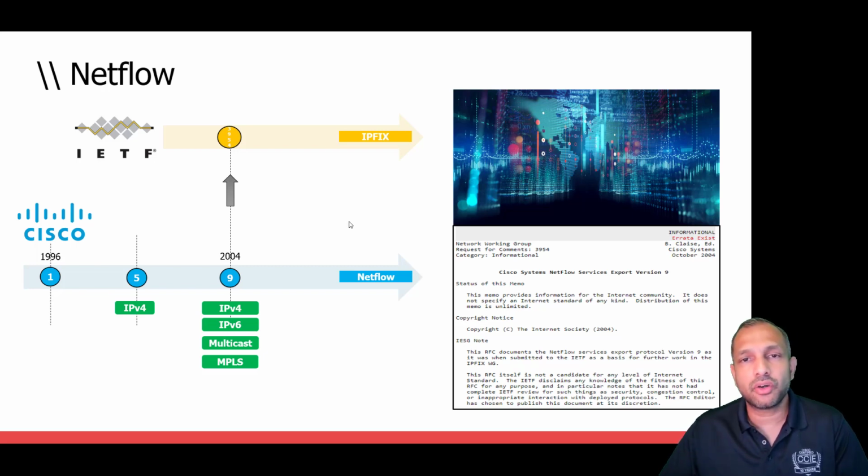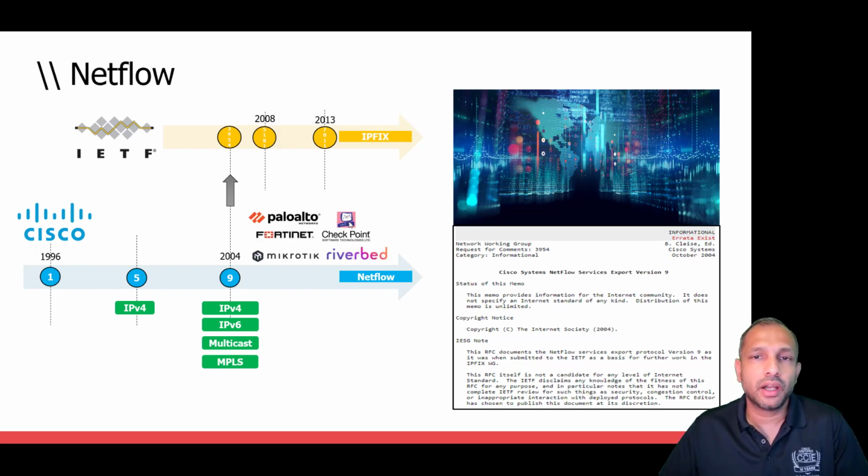IPFIX is an open standard protocol for flow export that was published in 2008 and updated in 2013 as well. So even though Cisco developed the technology, NetFlow became the industry standard for flow export. In that way, many vendors today support NetFlow export, and you can configure NetFlow in many different devices, not only Cisco devices. But there are certain vendor-specific flow export methods available as well.